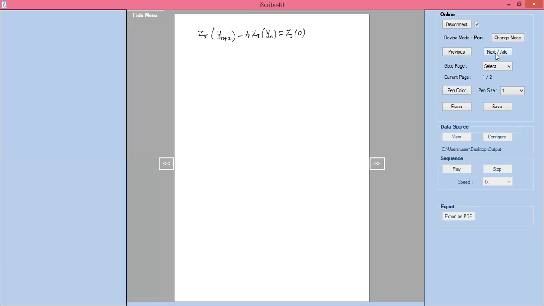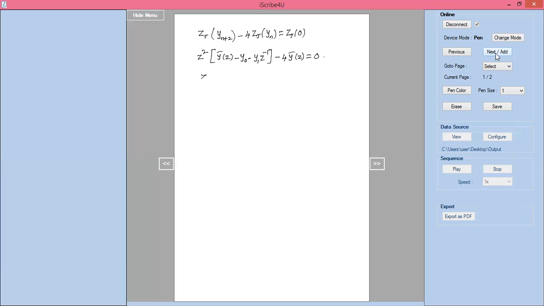What is the Z transform of y(n+2)? We know that Z square into y bar of Z minus y naught minus y1 into Z power minus 1, minus 4 into Z transform of yn. The Z transform of yn is y bar of Z. So this is minus 4 into y bar of Z equals Z transform of 0, which is 0.